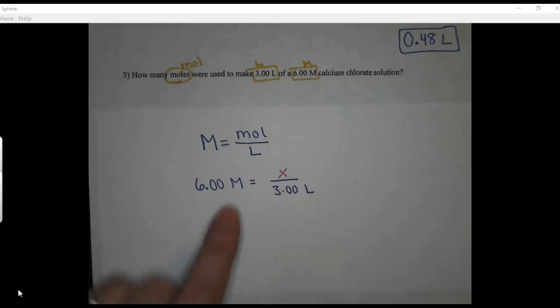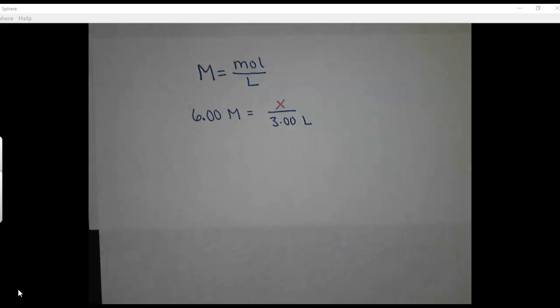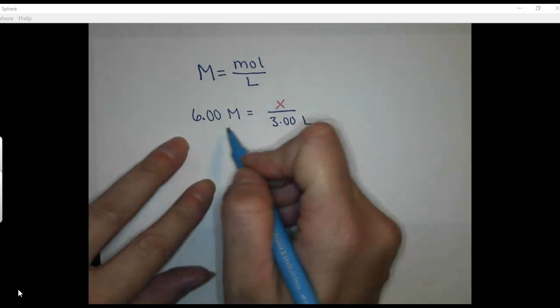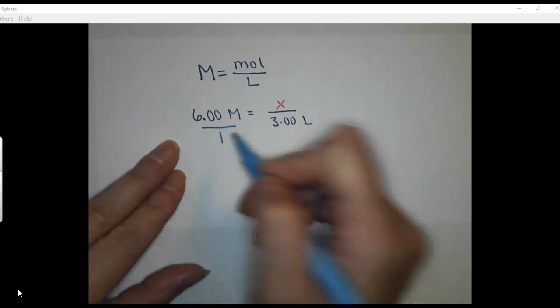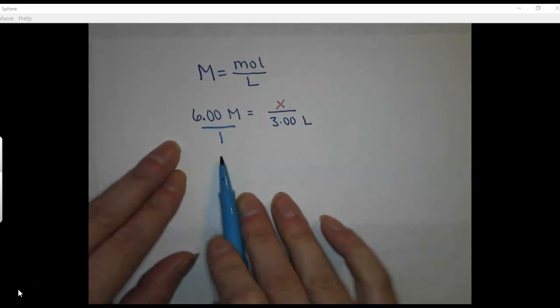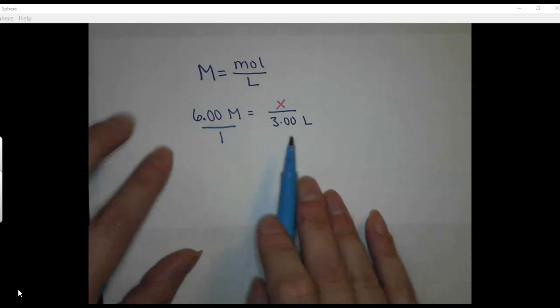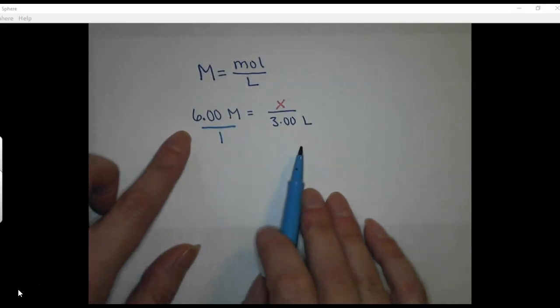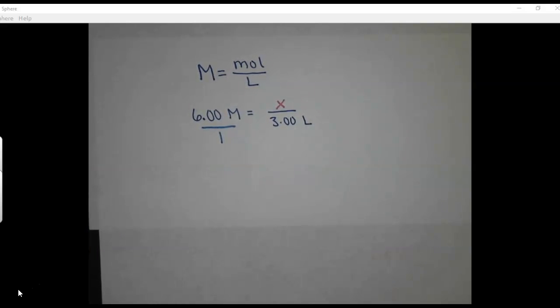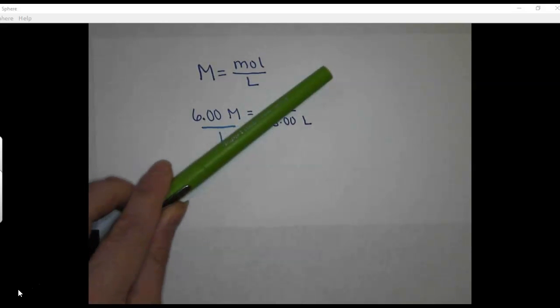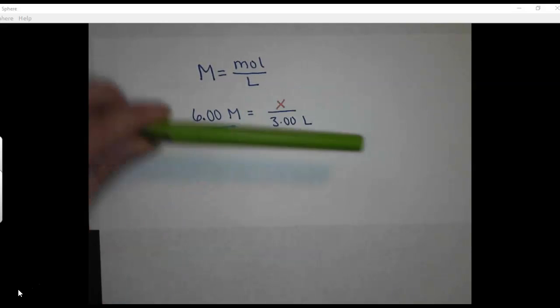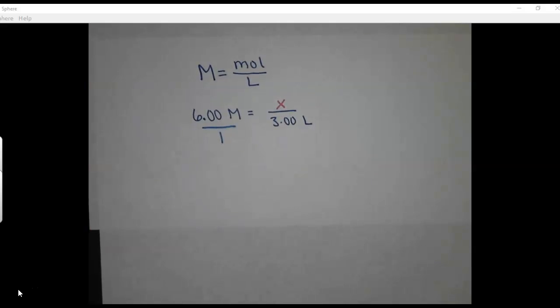Okay. Since X is not by itself right now, I need to do some algebra to get it by itself. And I'm going to use crazy 8 because that's easier for me. So I'm going to cheat and put this over 1. So now I have a fraction is equal to a fraction without changing anything really in the problem. And then I'm going to make my crazy 8. I don't want to make it this way because that would put X in the 8. So I'm going to make my crazy 8 that way.